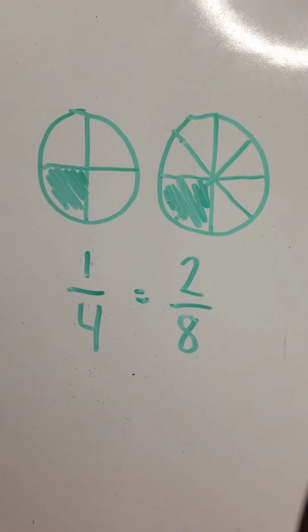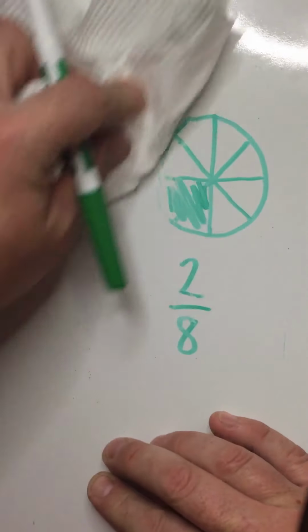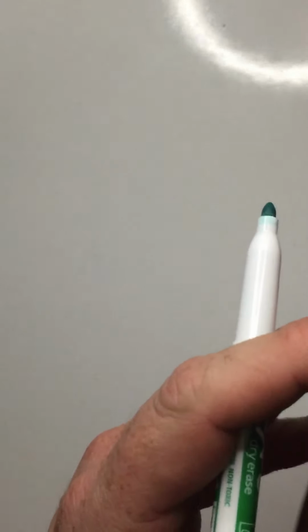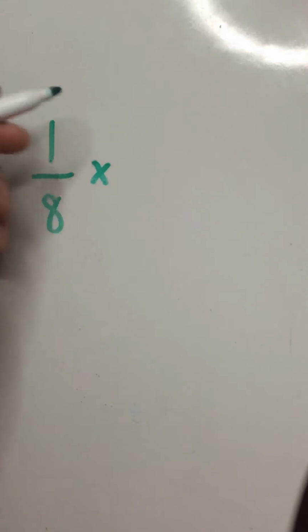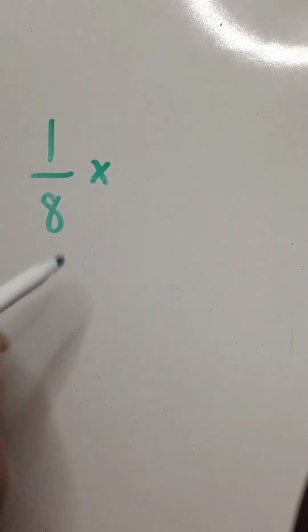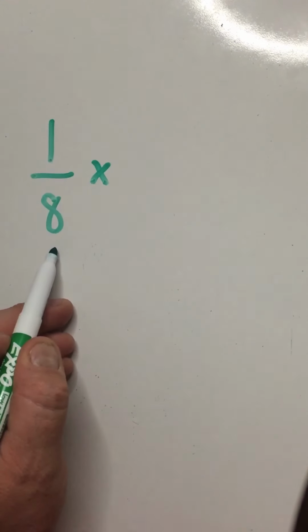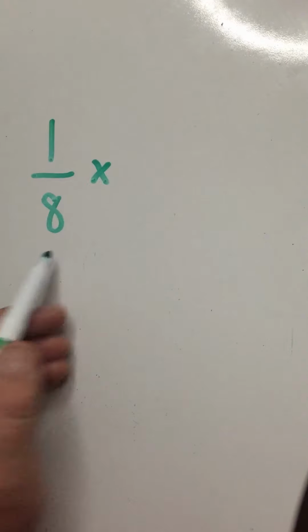Okay? The way you figure out equivalent fractions is not very difficult. What you need to do is always be willing to multiply them by a number over itself. Okay? In this case, let's say we had 1/8, and I was looking for an equivalent. That means if I multiply it by a number over itself, I will get a fraction that's actually equal to this fraction.